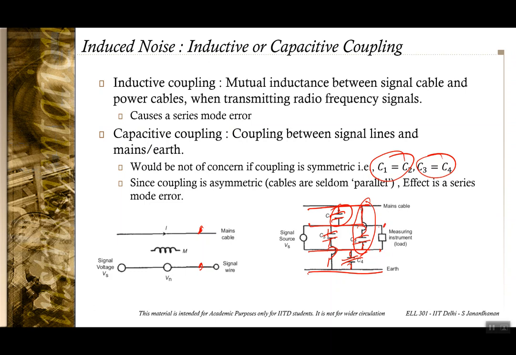However, this is not always the case. C1 may not be equal to C2 and C3 may not be equal to C4, because these cables may not be really parallel with the mains cable and the earth.